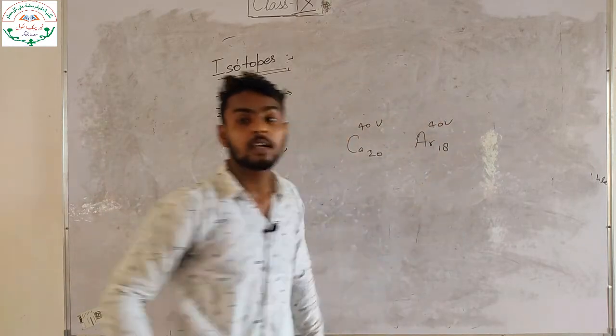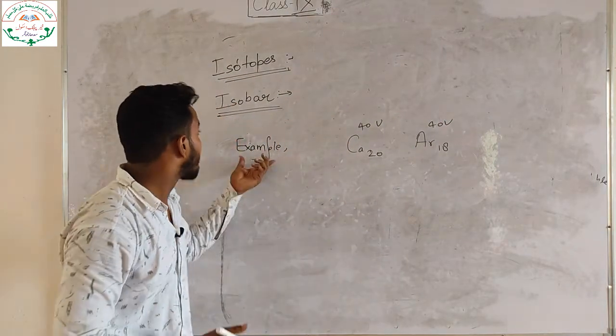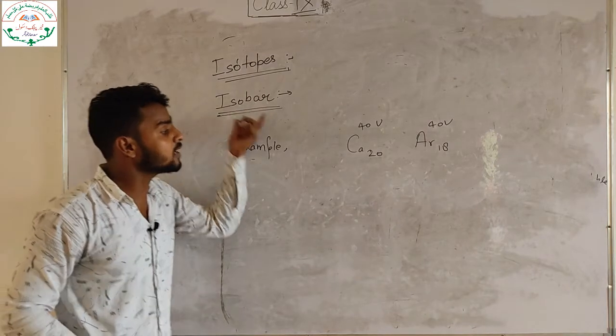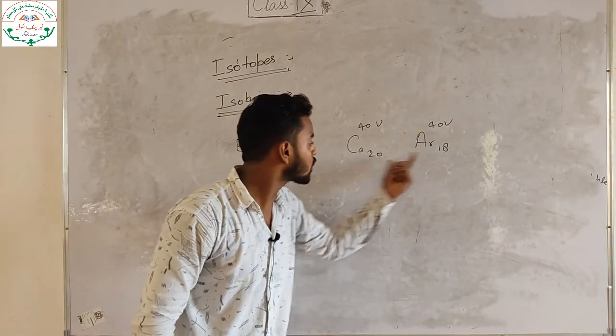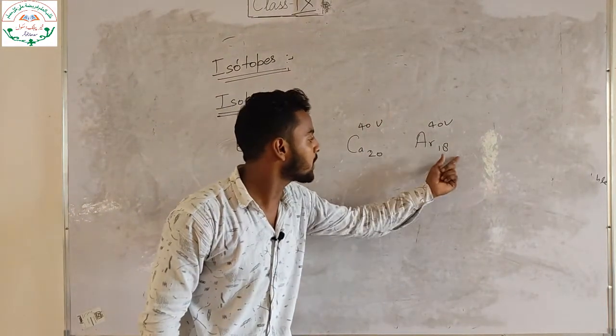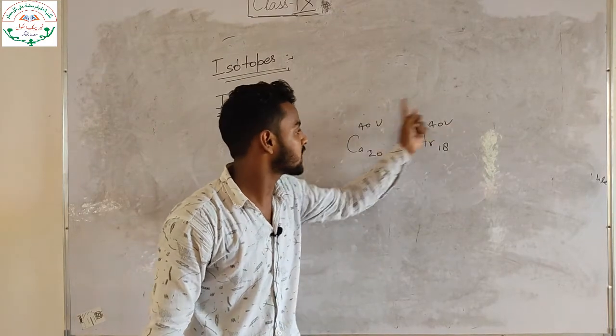That means isobars are those elements which have different atomic numbers but the same atomic mass.